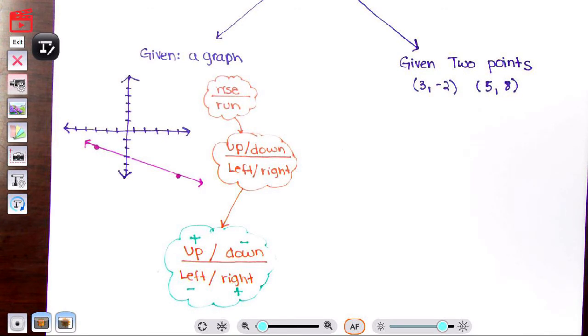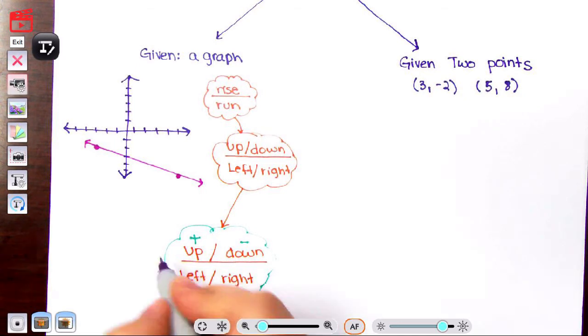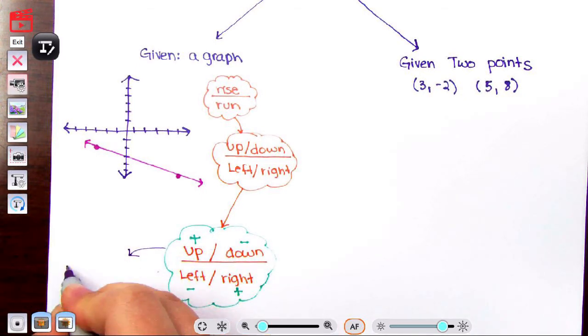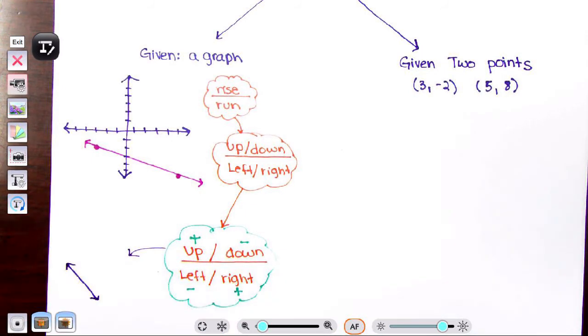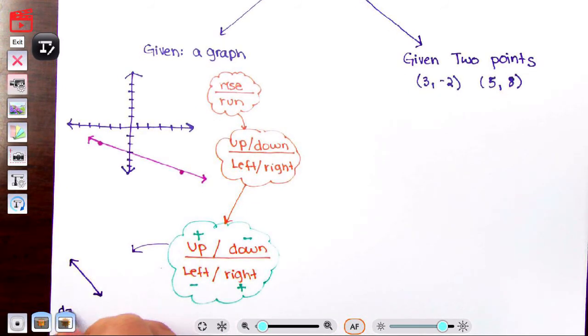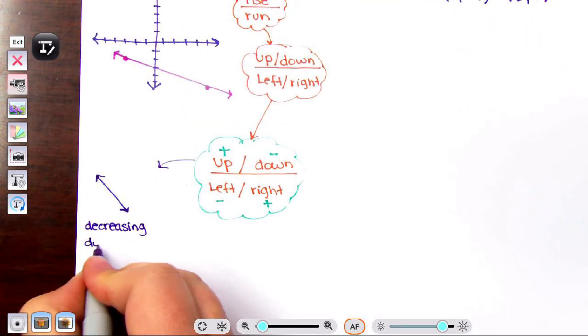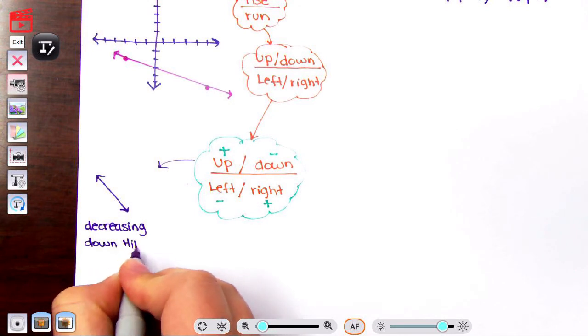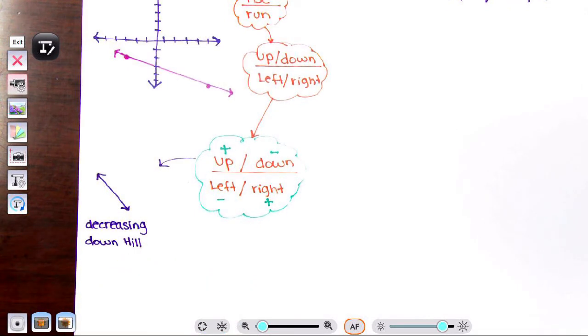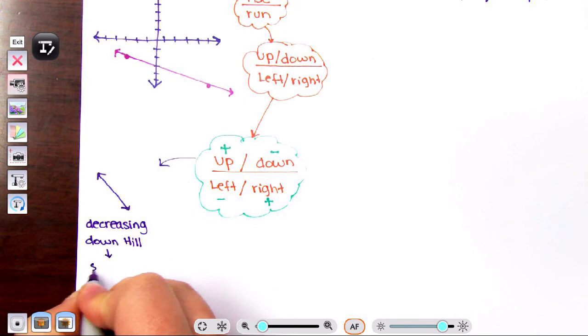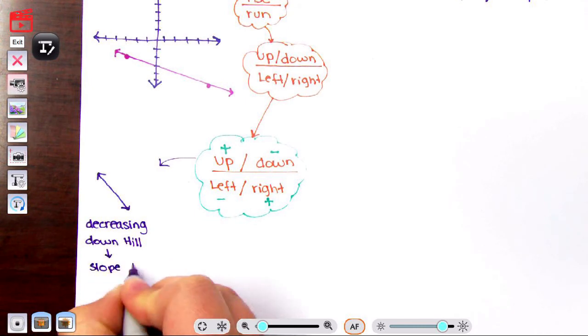Now, there's two other things that you need to know about the slope. If you have a decreasing slope, that means you're going downhill, so that means your slope is negative.